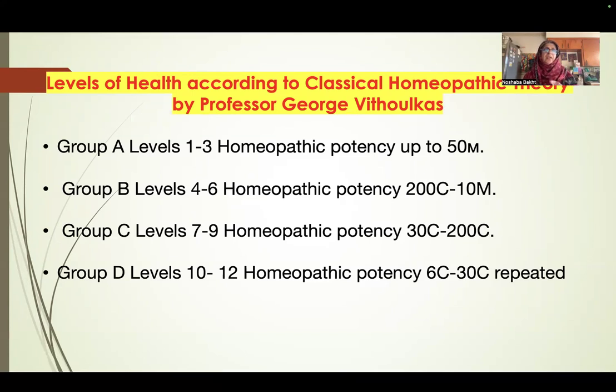Group B is second, the levels are 4 to 6, then group C and group D, and we'll go over that. I don't want to bore you with all this, but these are the levels of health grouped in four groups.